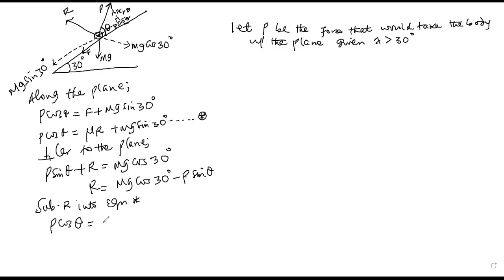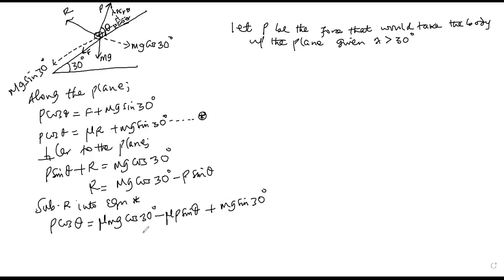P cos theta is equals to mu R, so it is mu times this. So it's going to be mu mg cos 30 minus mu P sine theta, then plus mg sine 30. I've just substituted this value into this. So I can bring those of P together so that I collect like terms.